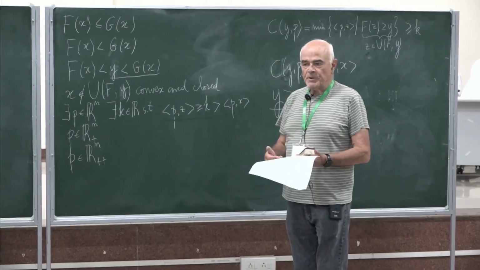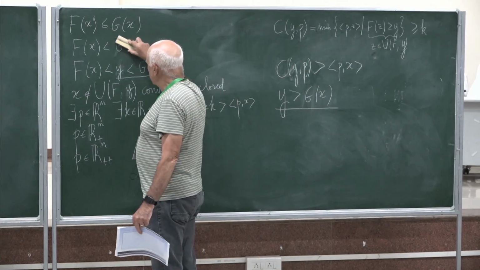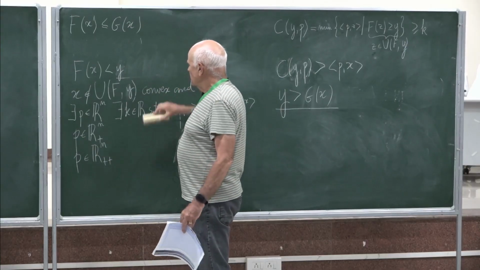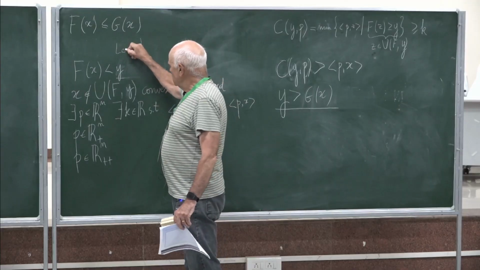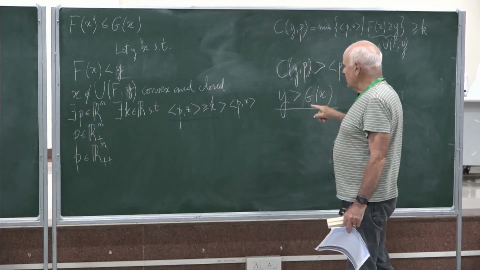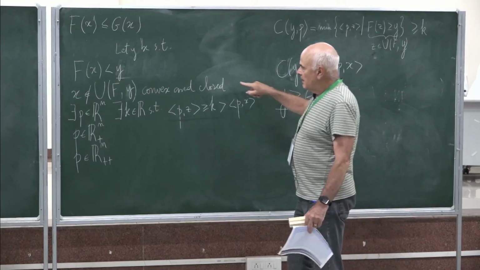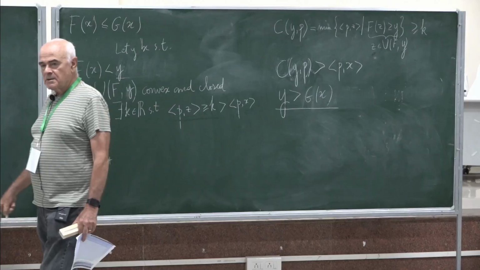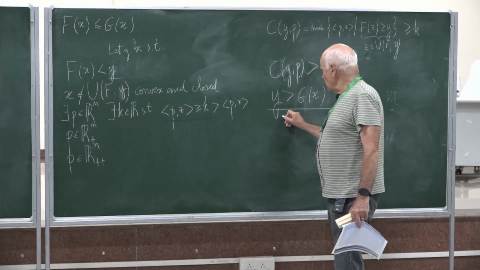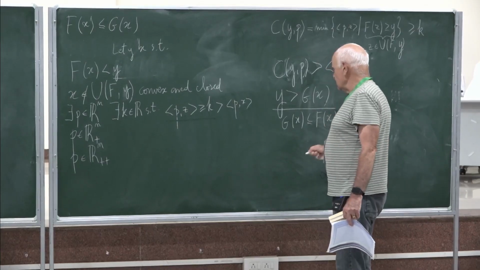An alternative way of presenting the same proof. Instead of assuming that the inequality is strict, don't assume anything, then let y be such that it's equivalent, and then I get that g of x is smaller than any number greater than f of x. So instead of proceeding by contradiction, I conclude that g of x is less than or equal to f of x.